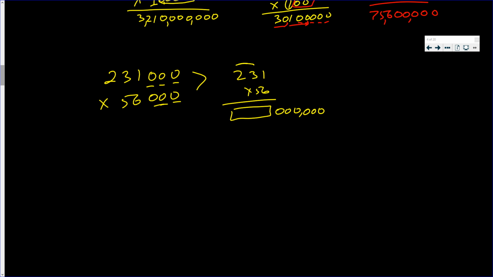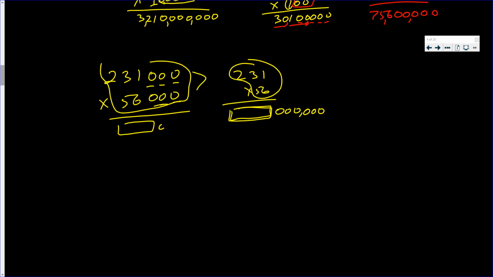Okay, whatever this product happens to be, I don't know what it is. You probably needed two lines to figure it out. But whatever it is, this answer is going to have this same number and then 6 zeros. It is what it is.